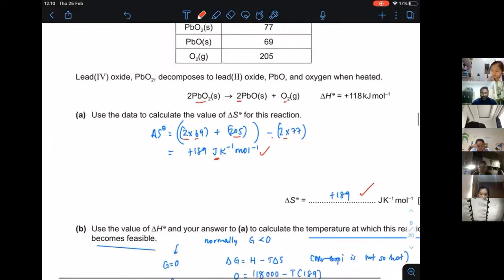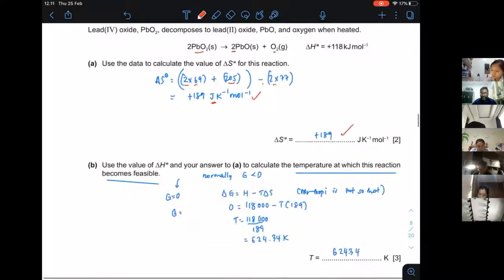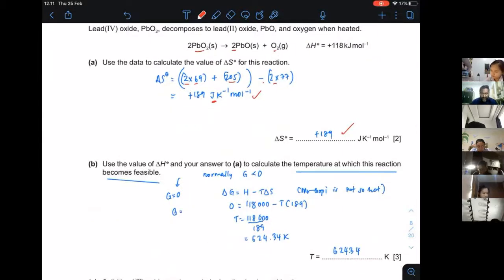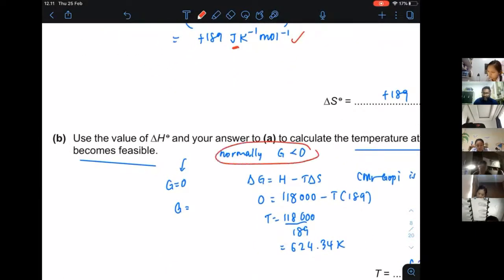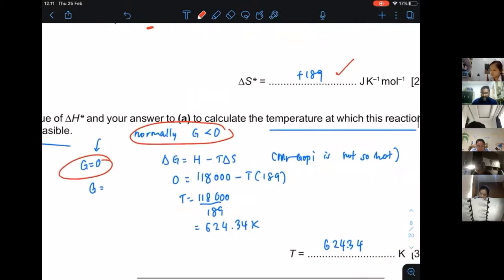Now use the value to calculate the temperature at which this reaction will become feasible. This reaction will become feasible normally when your Gibbs free energy becomes negative. But if you want to use this formula, then you need to use the Gibbs free energy equals 0. Then only we can find out what the temperature is. So the temperature when it becomes feasible, or the temperature when it becomes 0, is going to be at this temperature.